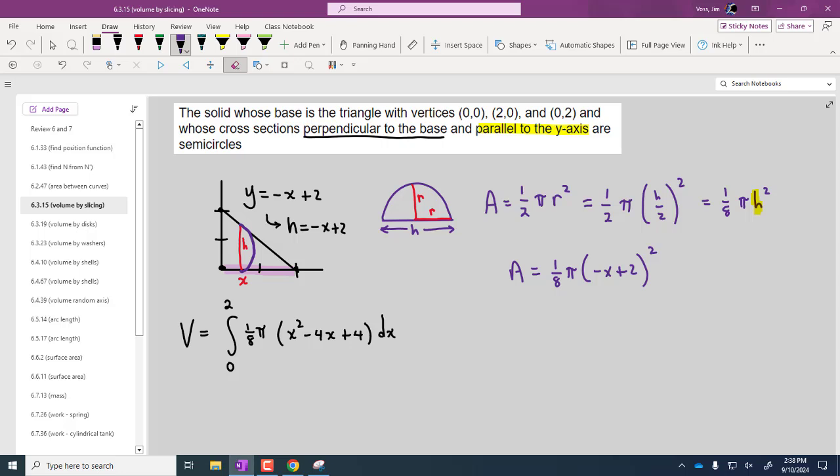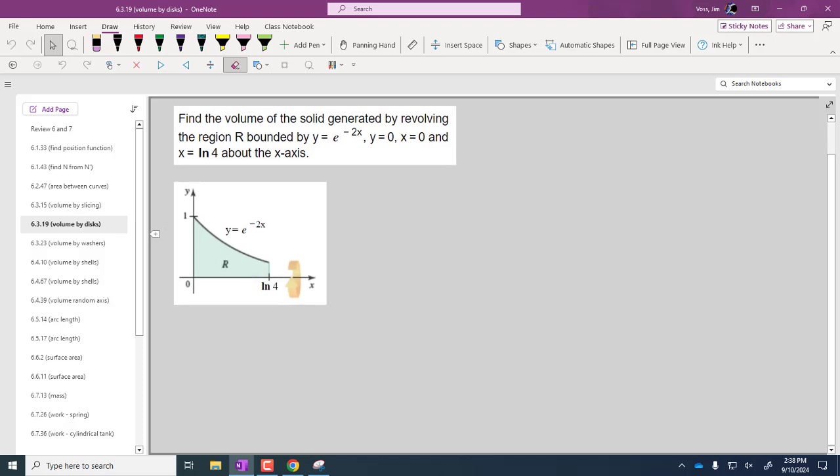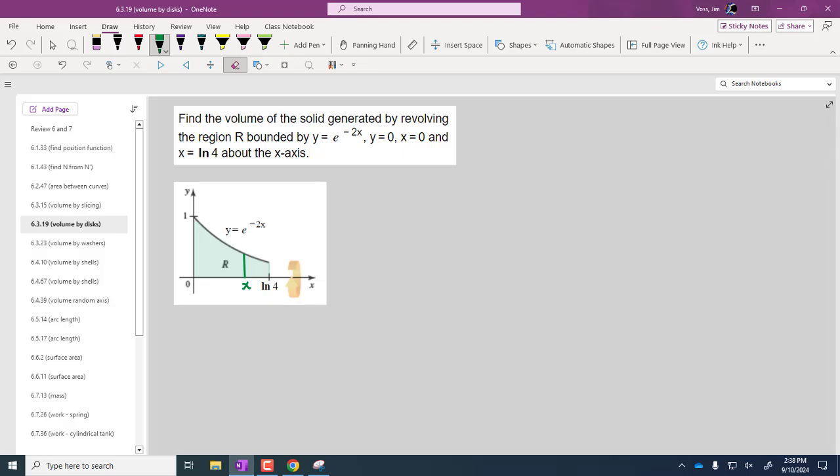So let's do another one where the cross sections are disks. So if we have disks, it's going to be very similar to the one we just did. So if we draw a random vertical element at x, when we do this rotation around the x-axis, the function that we're looking at, this y equals e to the negative 2x, that is going to be the radius.